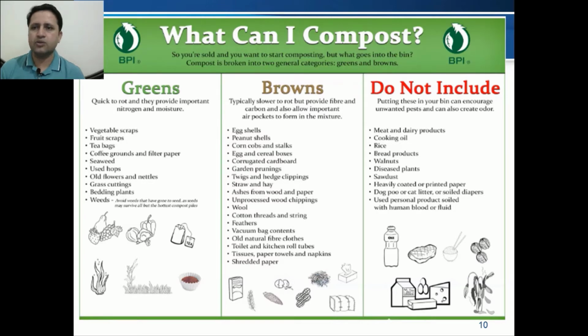These can be used as green things for the biocomposting process. The second important elements are the brown composting materials, like eggshells, peanut shells, corn cobs or stalks, egg and cereal boxes, and garden prunings. These can be used as brown materials.